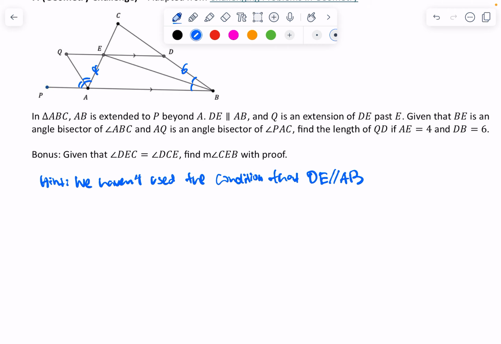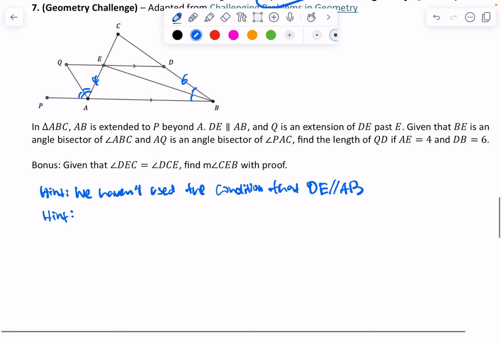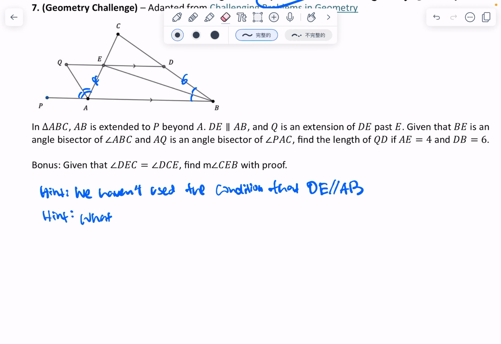So you can pause the video and try to figure it out yourself if you want to. Okay. So if you still cannot figure it out, here is another hint. What is EBA also equal to?